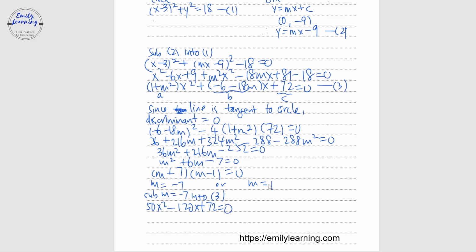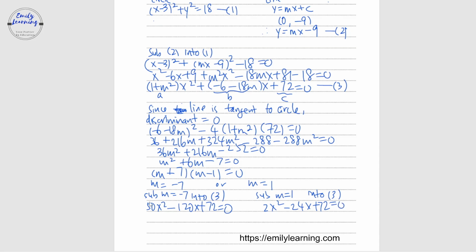For this one, I sub m equals 1 into 3. So I have 2x squared minus 24x plus 72 equals 0.